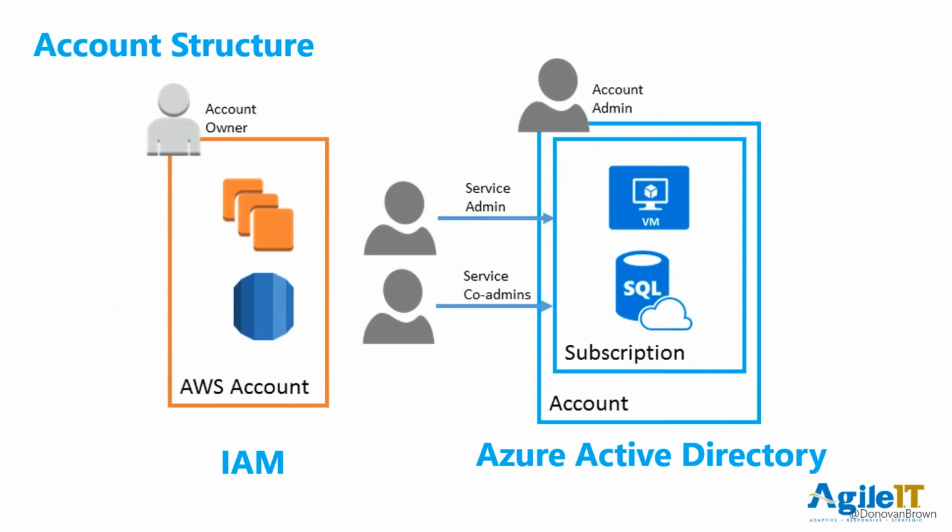So the way that AWS controls access to their environment is with what they call IAM, which stands for Identity and Access Management. And on the Azure side, the users and the roles and the groups are part of Azure Active Directory, which, if you're Microsoft-centric, just fits right in with what you've been doing.